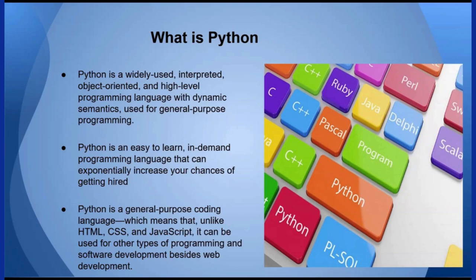So when we say it is interpreted, why do we say Python is an interpreted language? Because in Python, we use an interpreter as a translator. We have discussed in our previous video what is the need of a translator, so I will just give a quick recap.